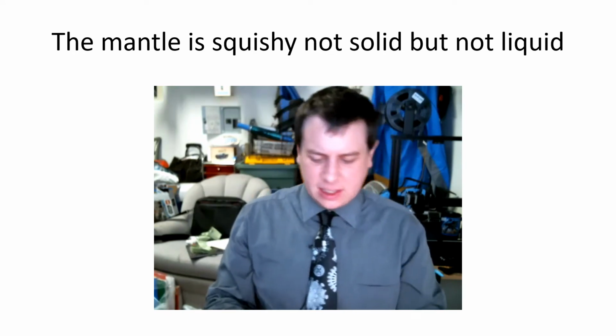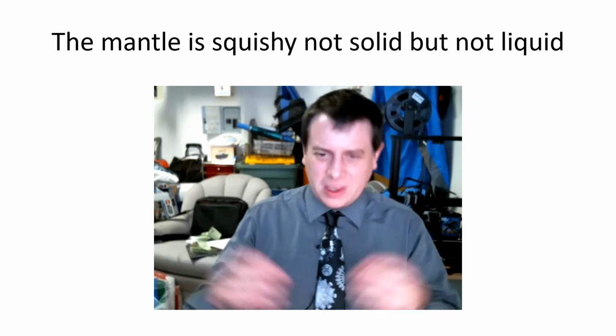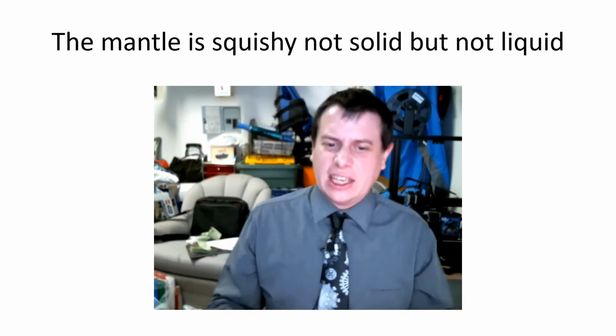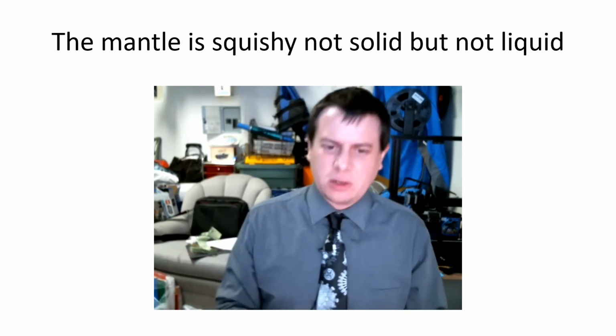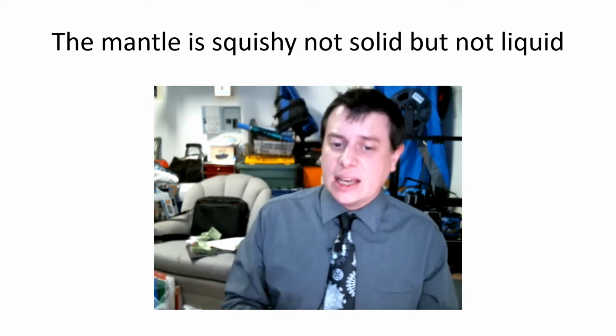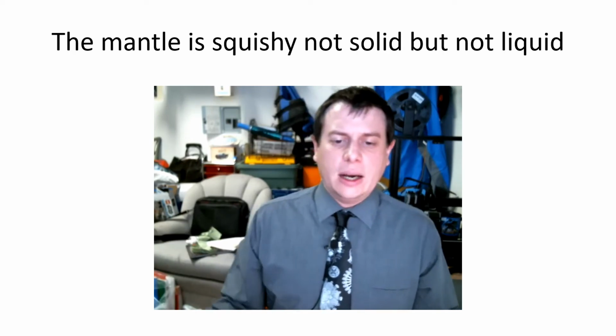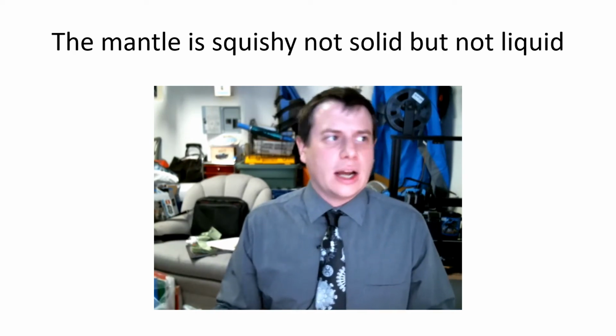Now, obviously, the mantle is several thousand degrees, and it probably wouldn't be as elastic and jiggly and bouncy, because this is made of rubber-like substances, but you get the idea that it is this squishy material that is not totally liquid, not totally solid.